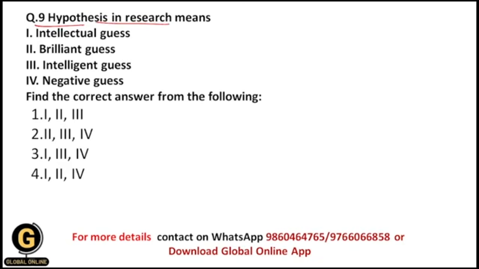As I have told you earlier in the previous video as well, hypothesis is basically the prediction of the results of your whole research process. Whenever you are doing a proper prediction, this is a statement, and this statement includes a proper clarity about the variables under study.